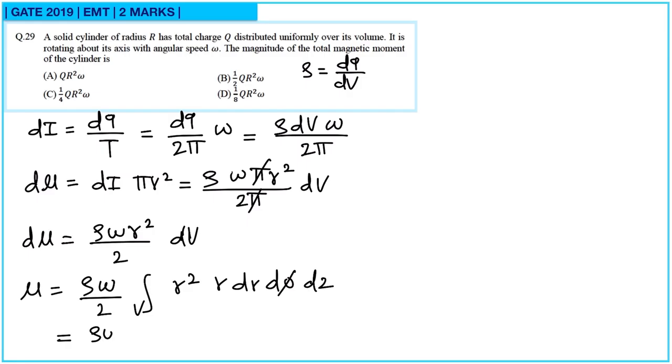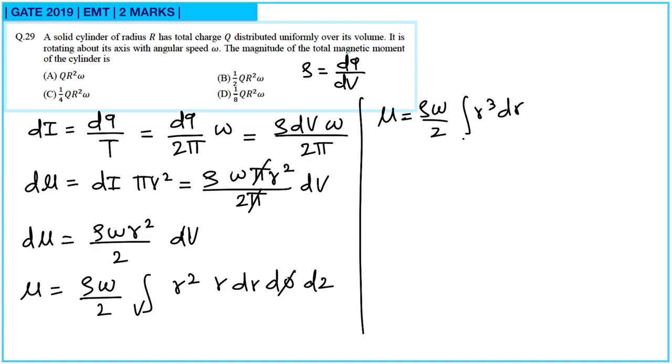So this will be rho omega by 2 integration r cube dr. So from here mu is equal to rho omega by 2, then it will be r cube dr. R is going from complete volume, so this will be 0 to capital R. Then we have d phi, phi goes from 0 to 2 pi, and dz, z goes from 0 to L.